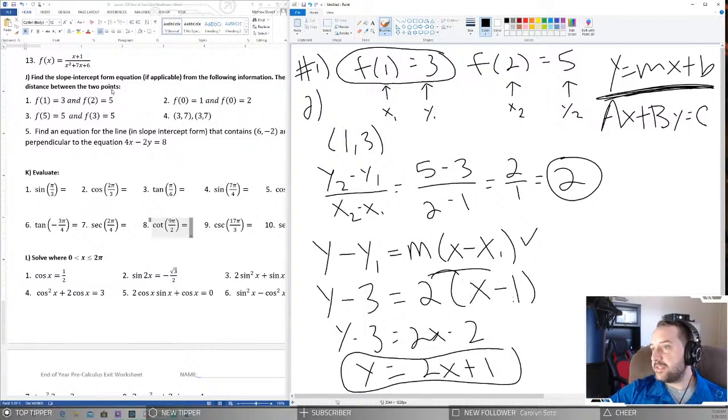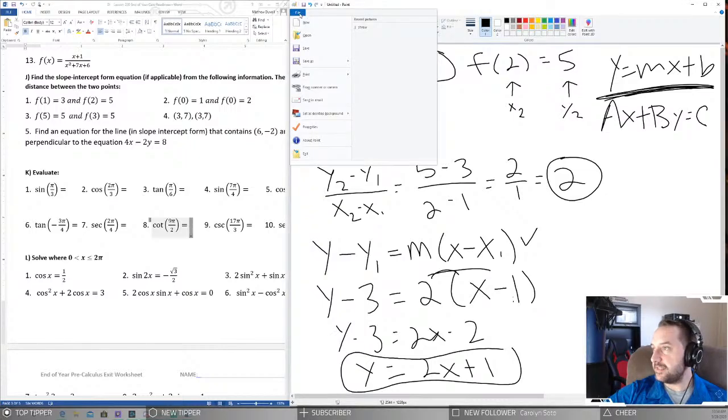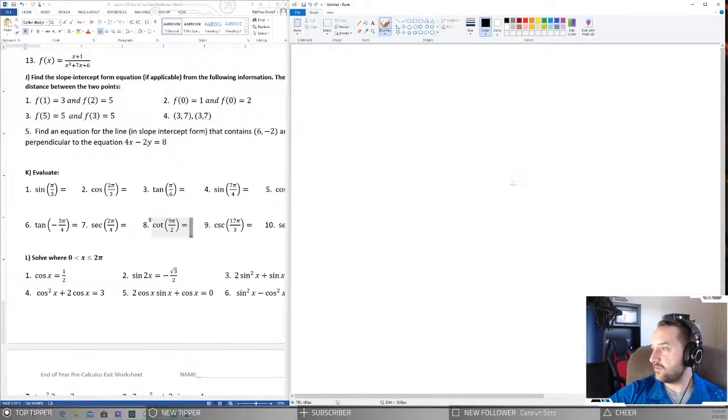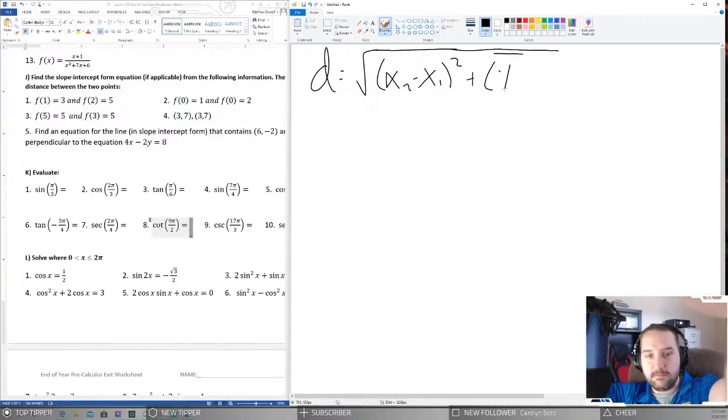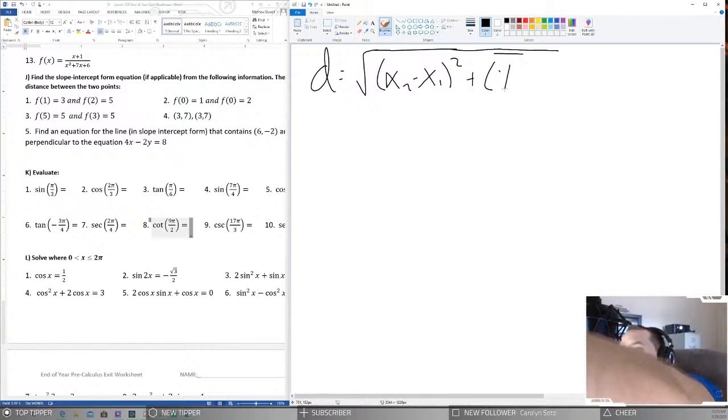So the next piece, it says find the distance between the 2 points. So to find the distance, use the distance formula. The distance formula is the difference between the x's squared, and, sorry, the cord for the webcam fell. There we go.